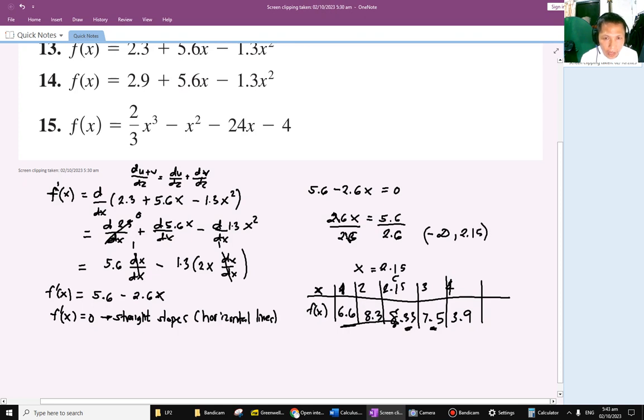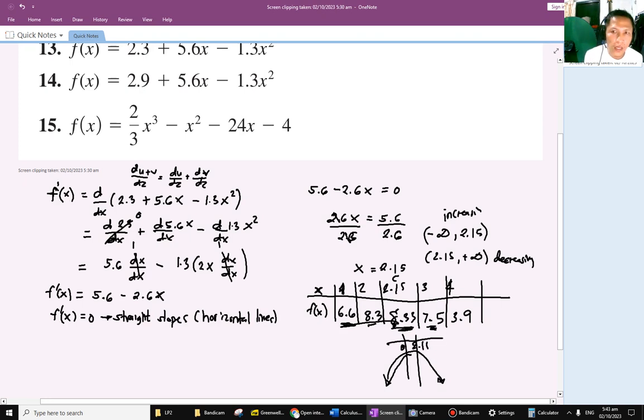That is increasing, and then from 2.15 up to positive infinity, that is the decreasing part, because you can imagine this is bigger than this, and then it goes down, going to negative infinity. Anyway, that's your answer for 13.